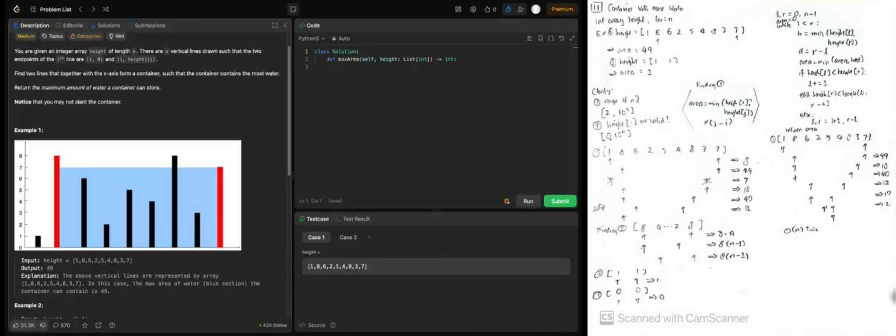Notice here that the area would be equal to min of height[i], height[j], times j minus i.